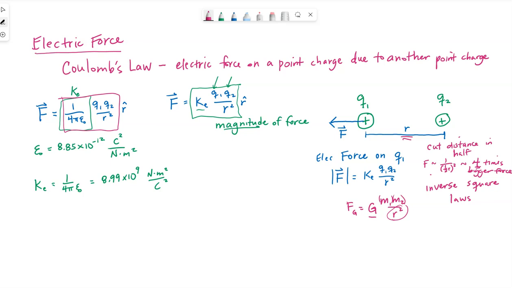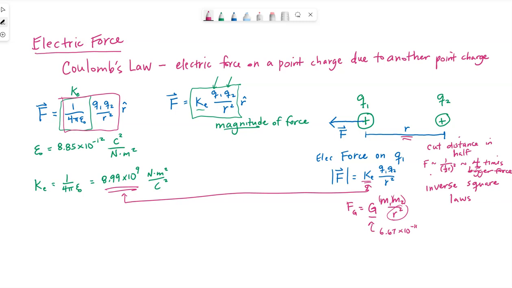Now, gravitation, this constant was incredibly small. 6.67 times 10 to the negative 11. Whereas our constant with this electricity, the K, is a very large number.